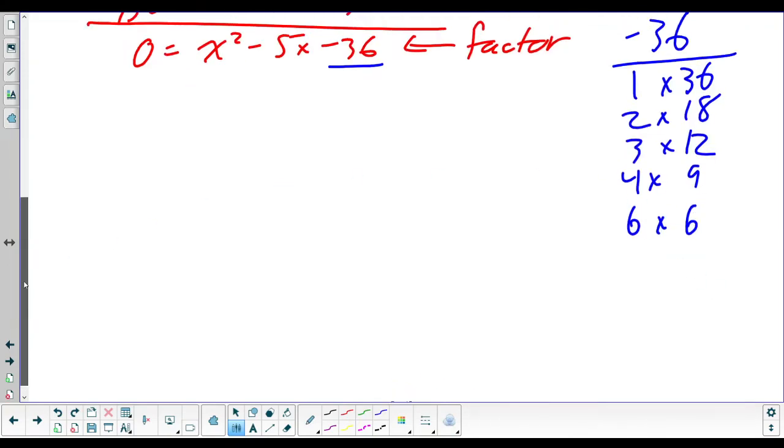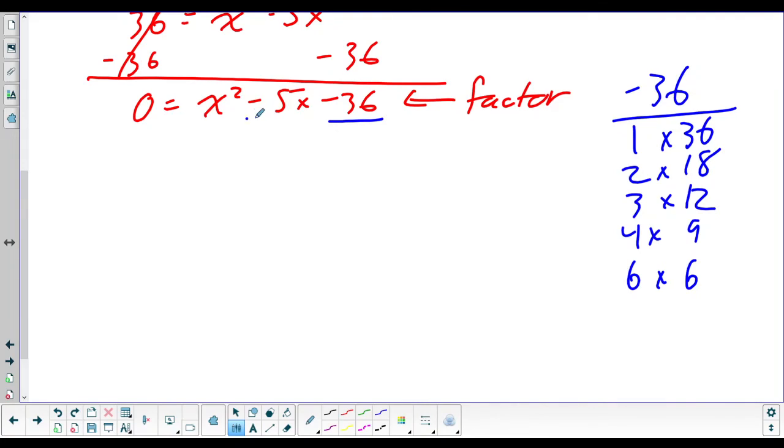I think that's all of them. So how could we make a negative 5? I think negative 9 and plus 4. And then negative 9 times 4 would be negative 36. So this is how we're going to factor. So this is going to be 0 equals x minus 9 times x plus 4.